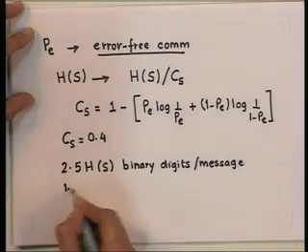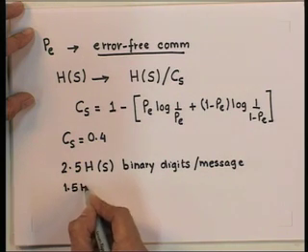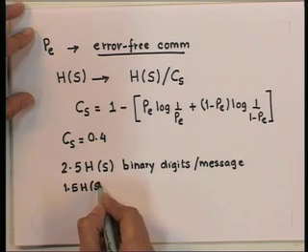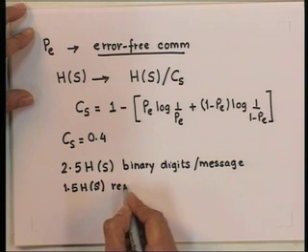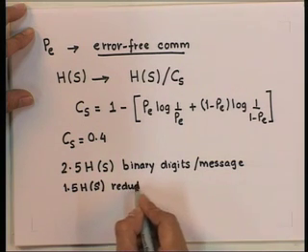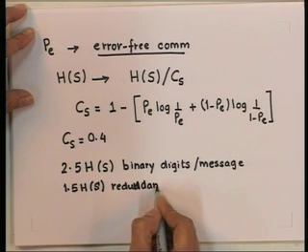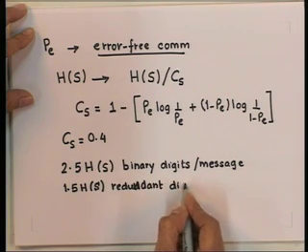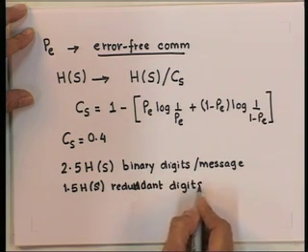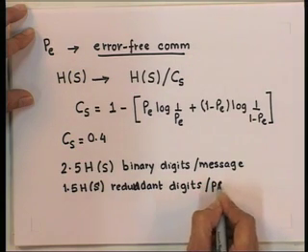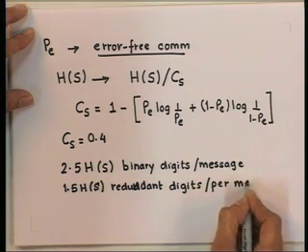This means that there are 1.5 times Hs redundant digits per message.